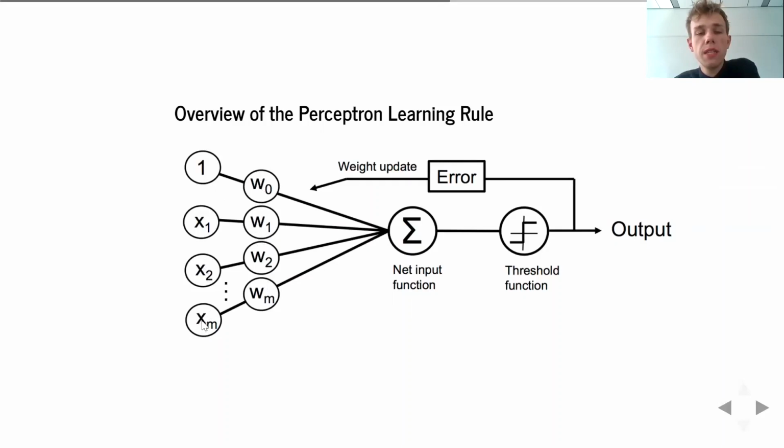Then you use your observation and the different features to compute the net input along with these weights. Then you use this unit step function to try and classify the observation. And if you make an error, you go back and update your weights. Then you basically just repeat this process until you make no mistakes. And when you make no mistakes anymore, then you're basically done.